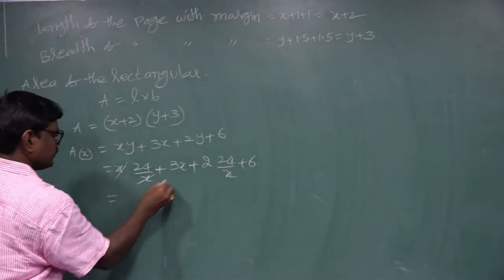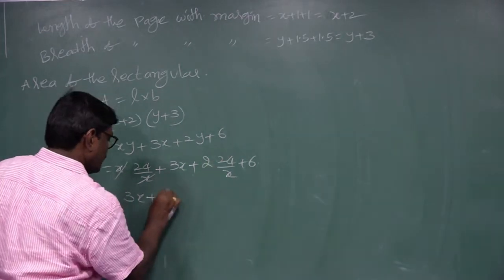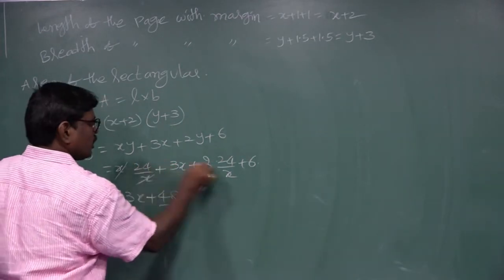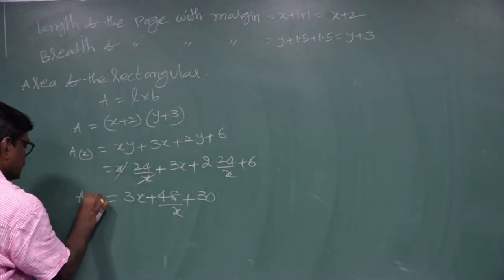The x cancels: 3x plus 48 by x, plus 24 plus 6 is 30. This is A of x.